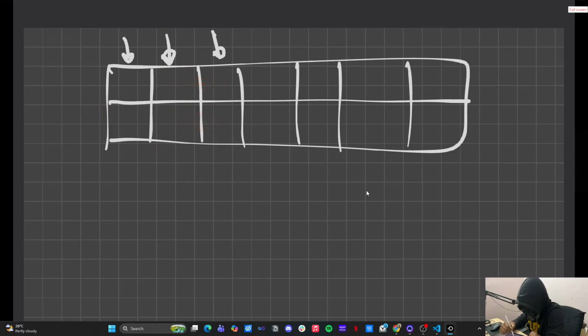So that's why I'm moving just one pointer ahead. But if these two are not equal, and these two are not equal, and I've checked this as well, so this is also not equal.